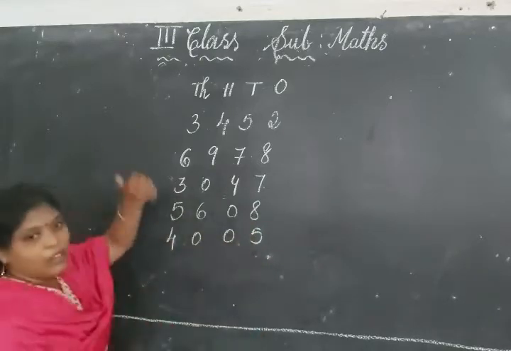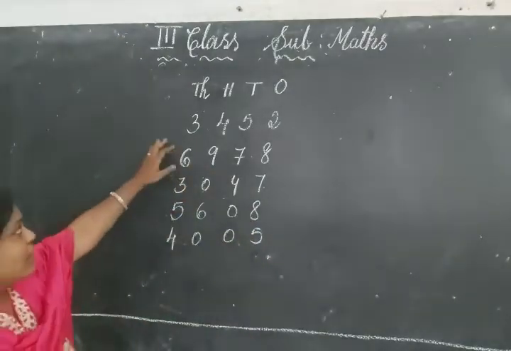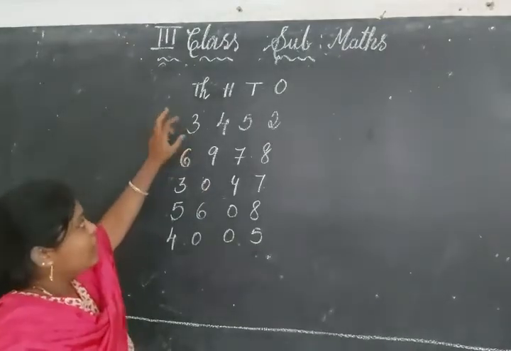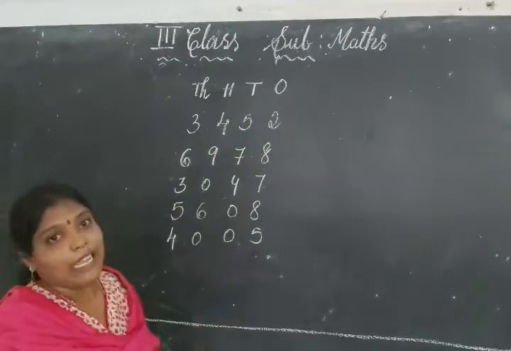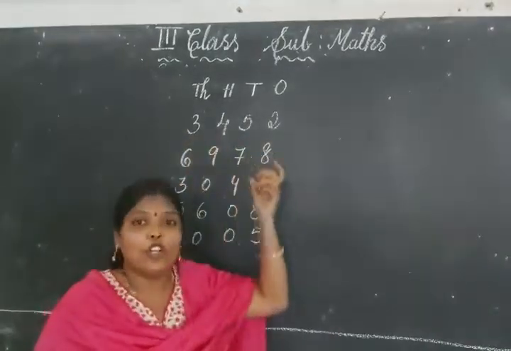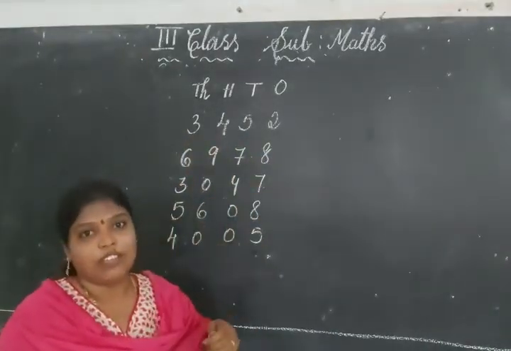Come on children, try to read these numbers. What is the first number? 3452. In our last class, I already told you how to read the numbers.